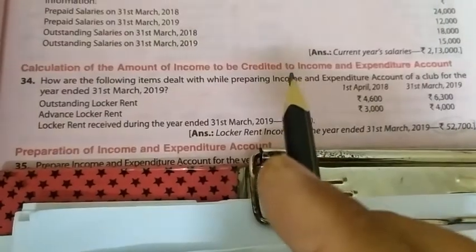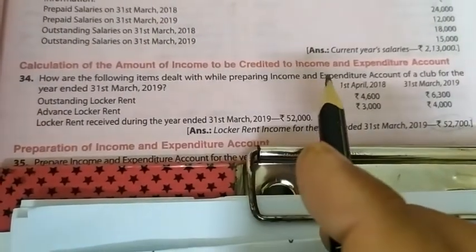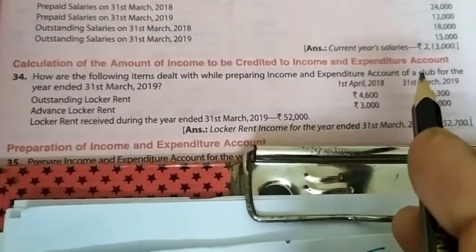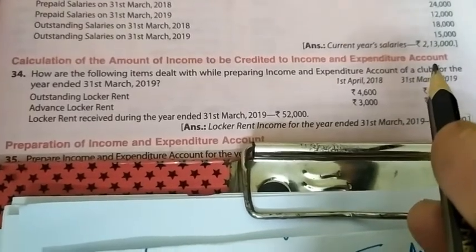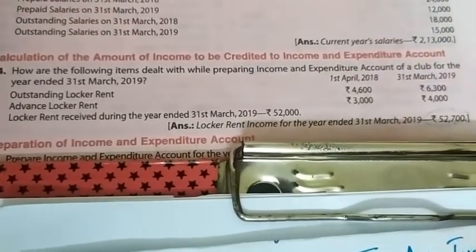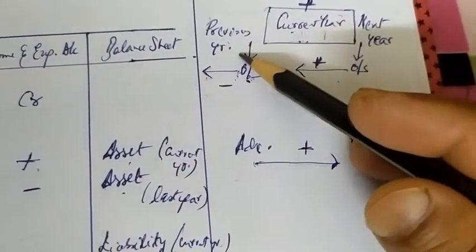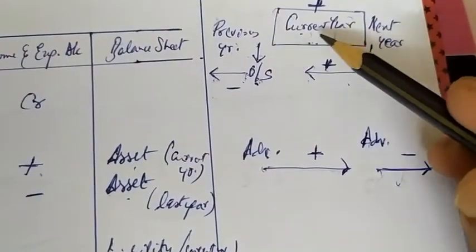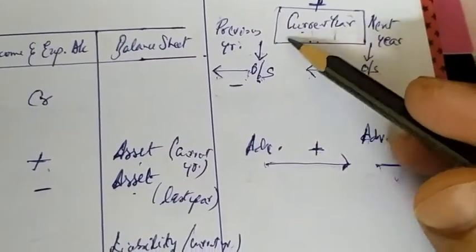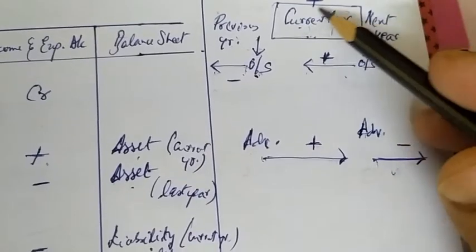For calculation of the amount to be credited to income and expenditure account, as you know, the rule we have to follow is to create a rough format where you keep the current year, previous year and next year. The current year is the year we are finding the amount for.